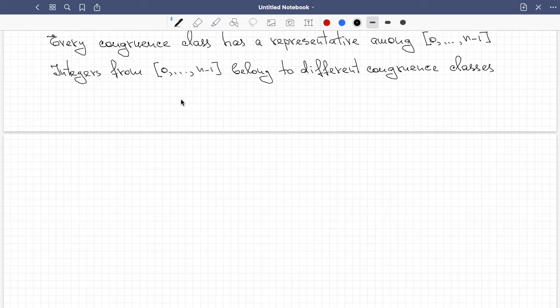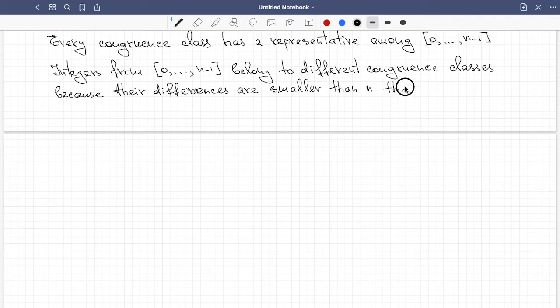So they belong to different congruence classes because their differences are smaller than n, therefore not divisible by n.